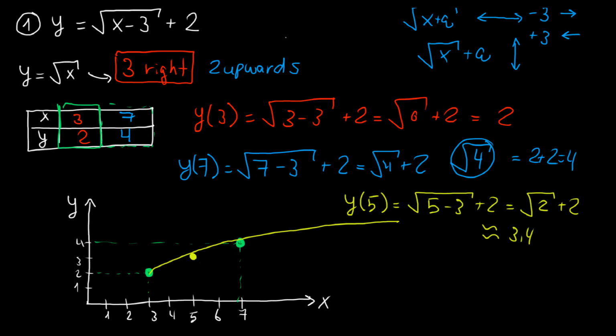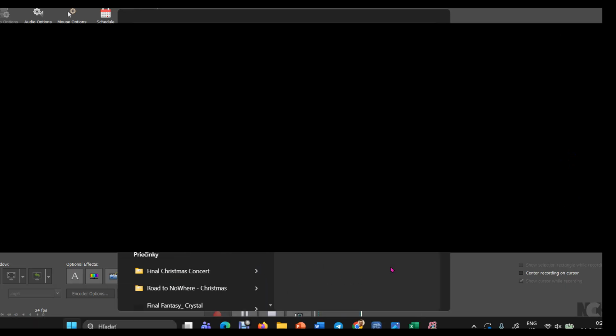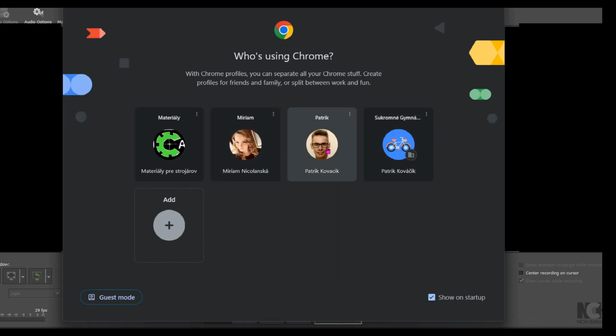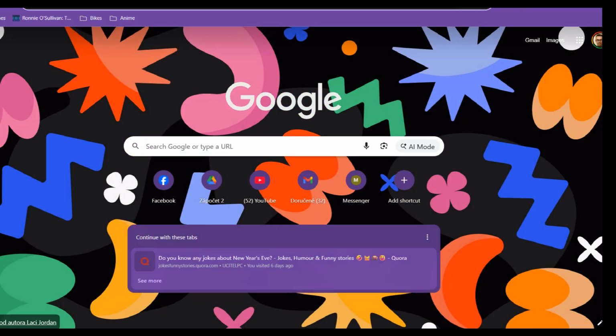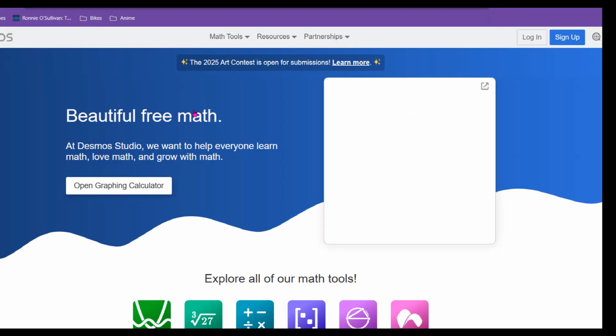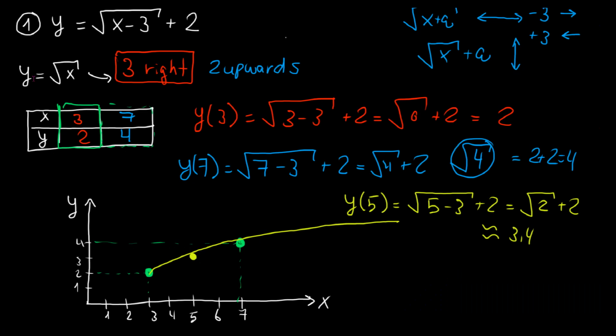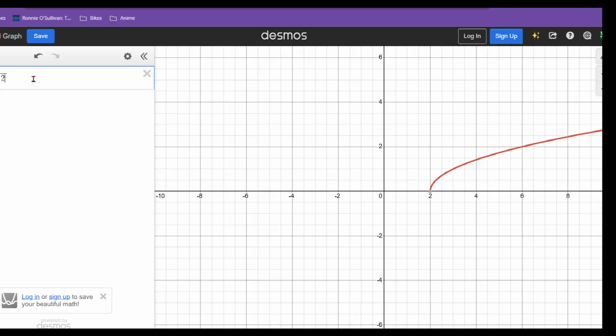A really important point is we can check how this graph looks by opening a browser, going to desmos.com, into the open graphing calculator, and simply typing the square root of x minus 3, plus 2.